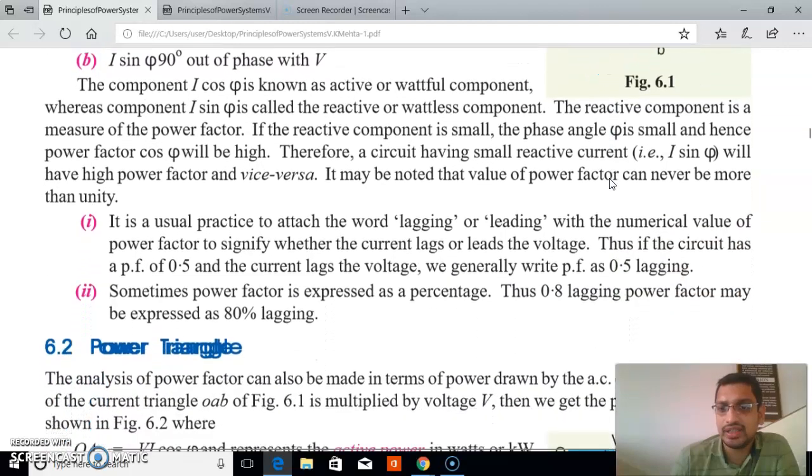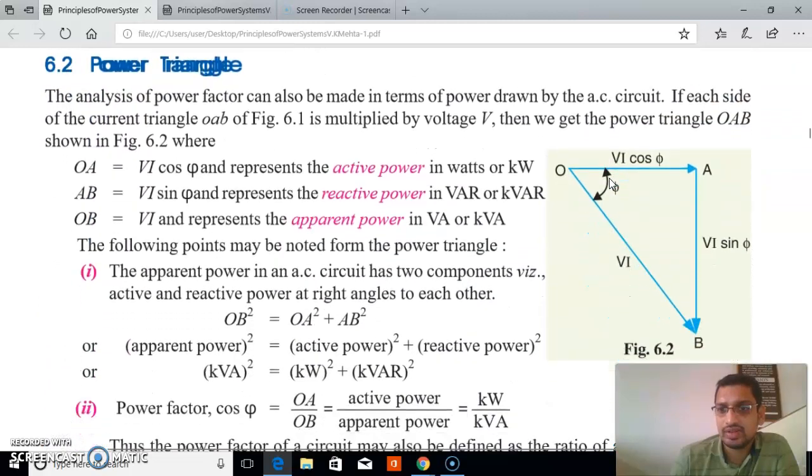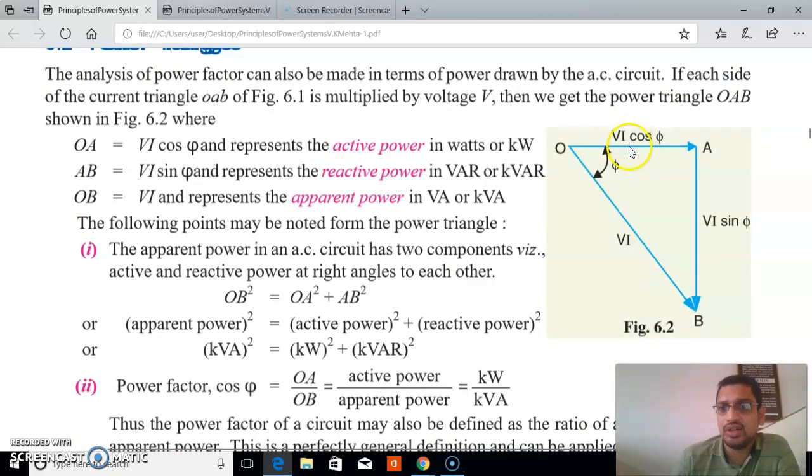It looks like this triangle: VI cos phi, VI, and VI sin phi. Phi is the angle between VI cos phi, the active power, and the apparent power. VI cos phi is the active power, VI is the apparent power, and VI sin phi is the reactive power.